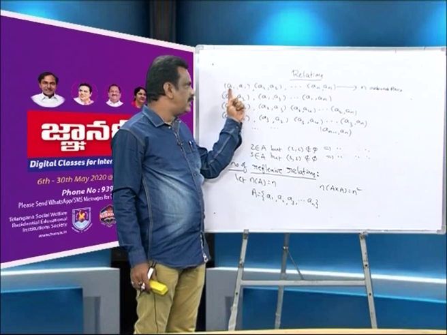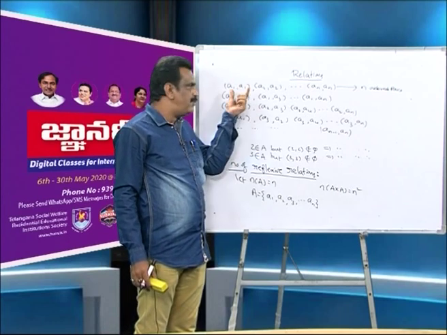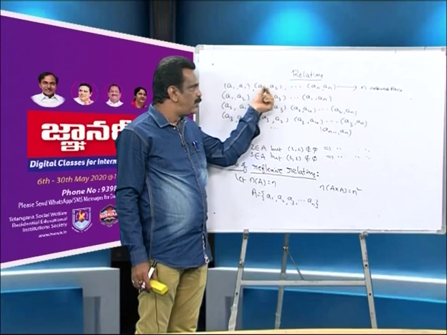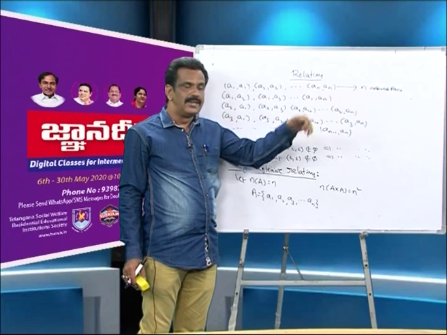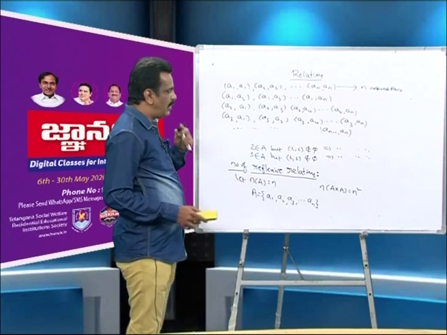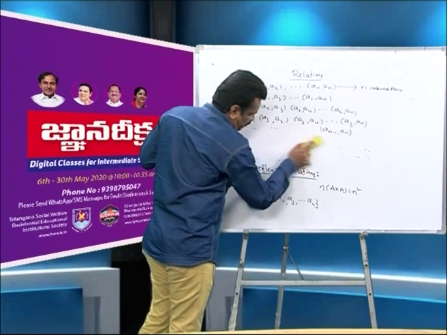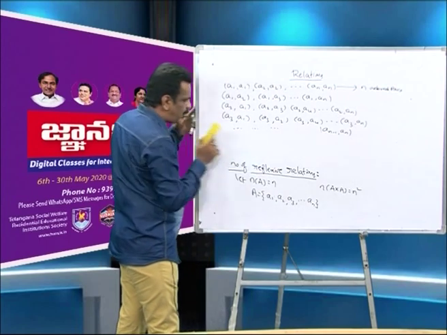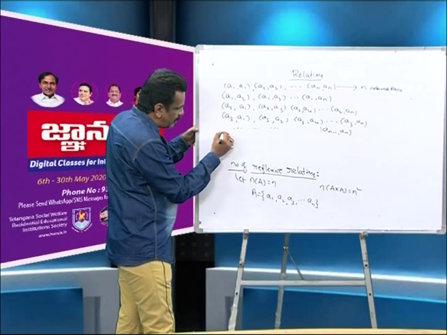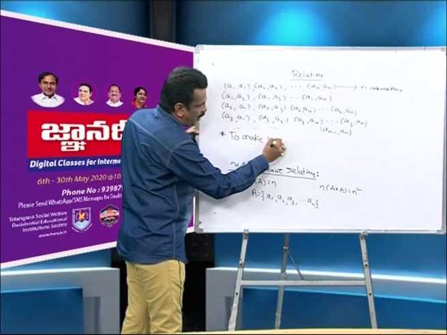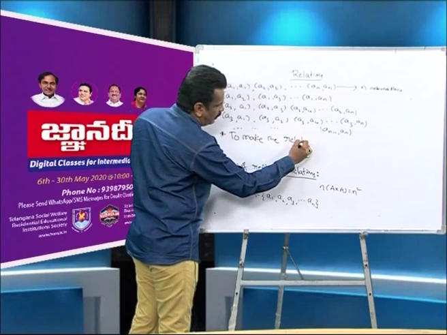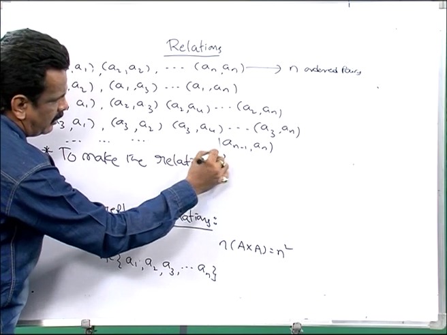So, here if A1 A1 is there in the relation, A2 A2 is there in the relation, An An is also there in the relation, then only the relation is reflexive.